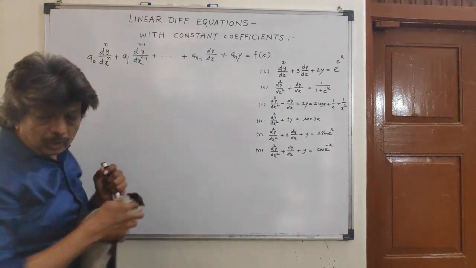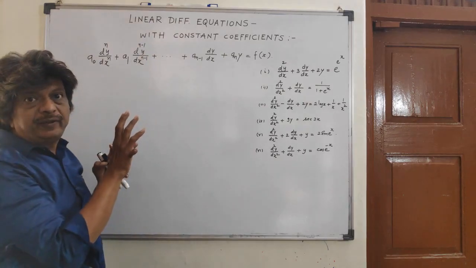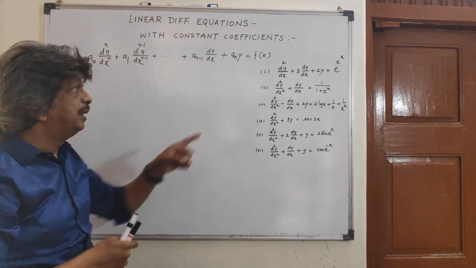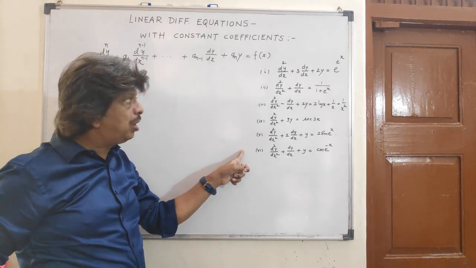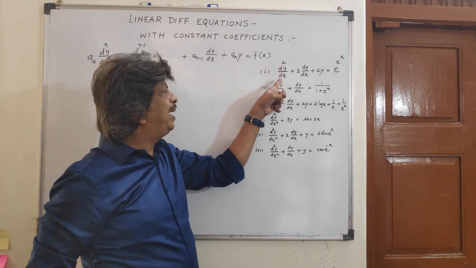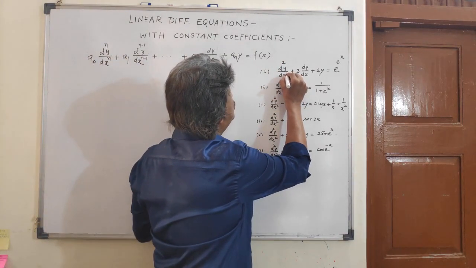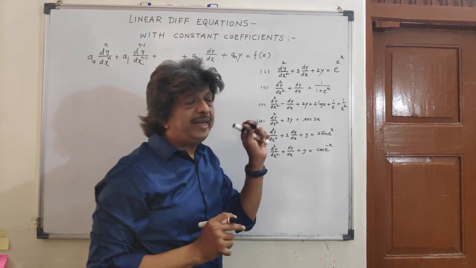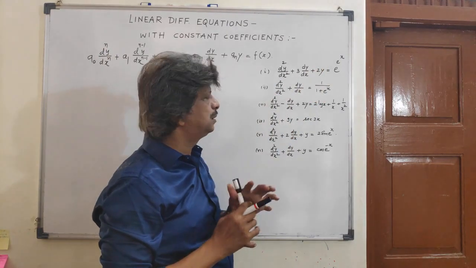Now, as I have told you, this is the nth order linear differential equation with constant coefficients. These are some examples. The first example is d2y by dx2 plus 3 dy by dx plus 2y equal to e to the power x.